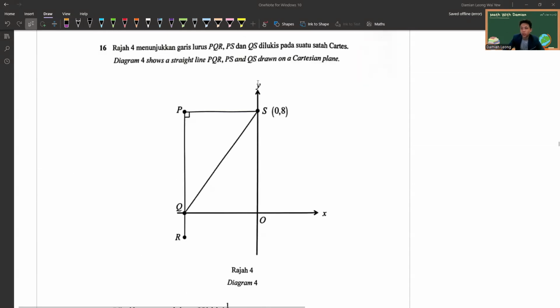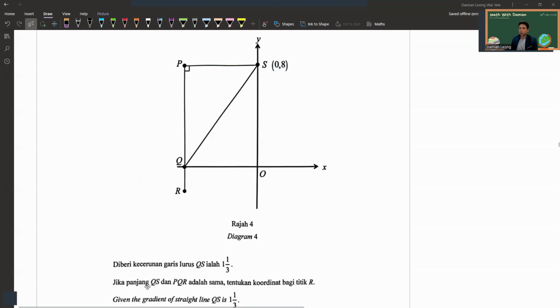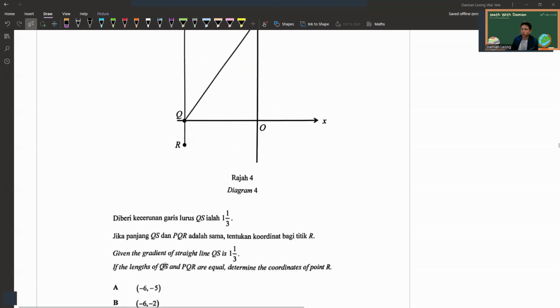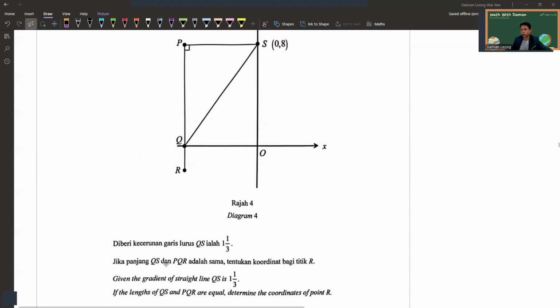Then question 16. Diagram shows straight line PQR, PS, and QS drawn on the Cartesian plane. I'm given gradient of straight line QS is 1 over 3. Length of QS and PQR are equal. Determine the coordinates of point R. To find coordinates of point R, see gradient is 1 over 3. So this is 8.